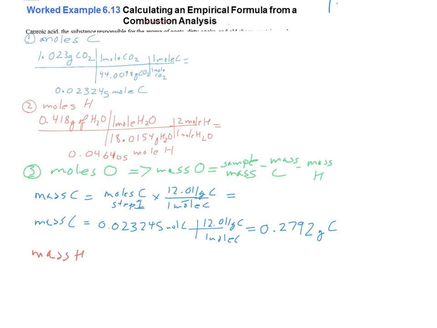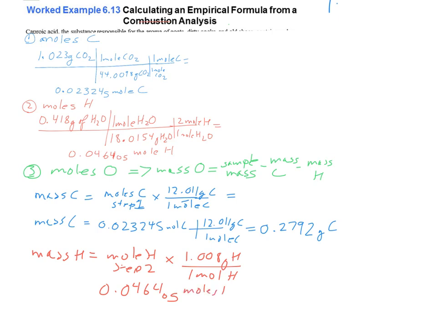My mass of hydrogen, of course, is going to be equal to my moles of hydrogen from step 2 times 1.008 grams of hydrogen per 1 mole of hydrogen. So I have 0.046405 moles of hydrogen times 1.008 grams of hydrogen.